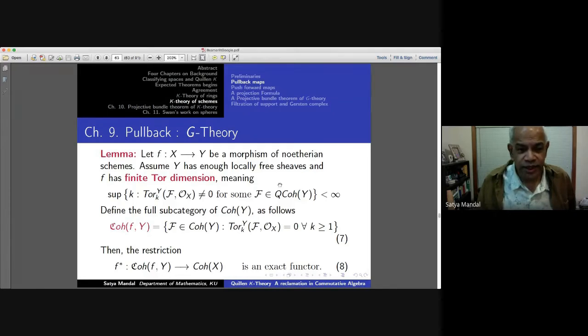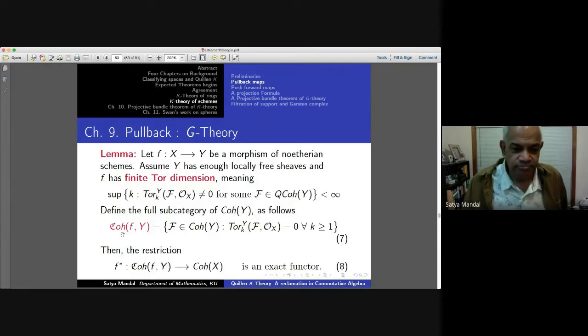And assume f has finite Tor dimension. If you are thinking of modules, A to B, you have a map of rings. Then B has finite Tor dimension if Tor of f comma B vanishes beyond a certain number.